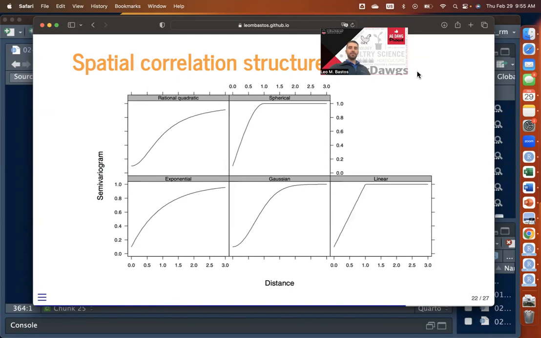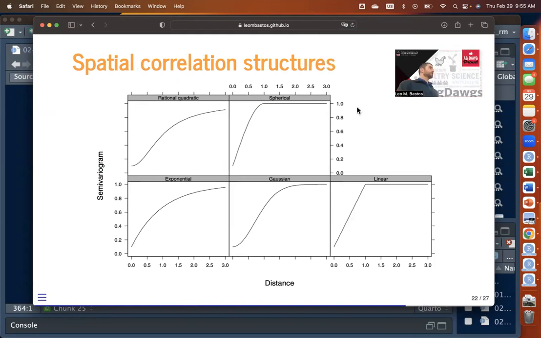This is what these spatial models are doing. This was not done by the temporal models. This is what is happening with the spatial correlation structure models. We have the rational quadratic, which is one type of spatial correlation structure. We have spherical, exponential, which is the one we're doing right now, Gaussian, and linear.